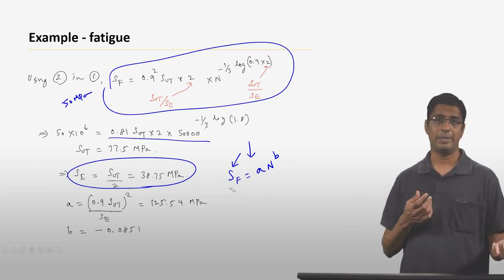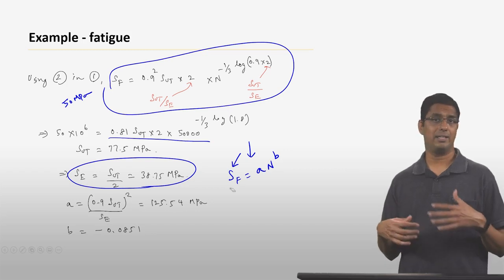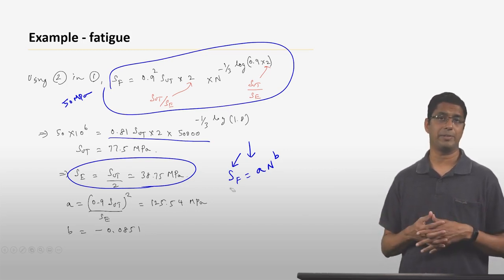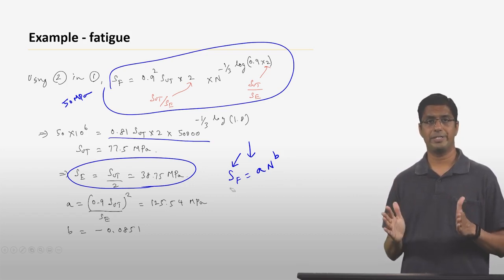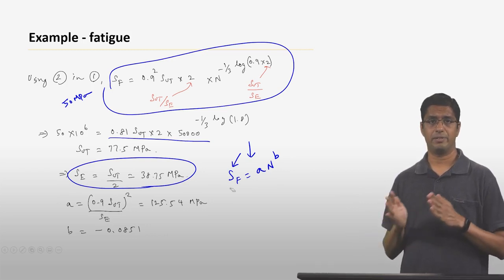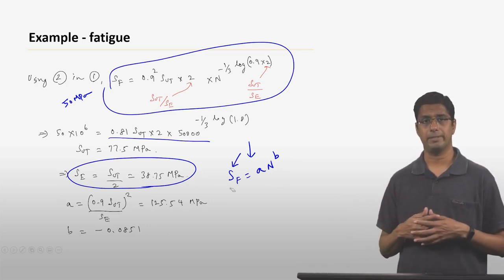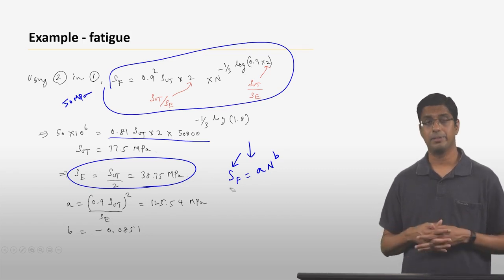Or you can be given SUT and SE and then asked to calculate directly the number of cycles to failure in a particular case. As long as you know in which regime which particular equation for the fatigue strength applies, it should be relatively straightforward to solve problems like this. With that, I'll conclude this lecture. Thank you.